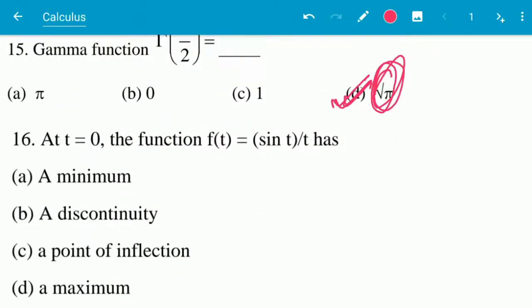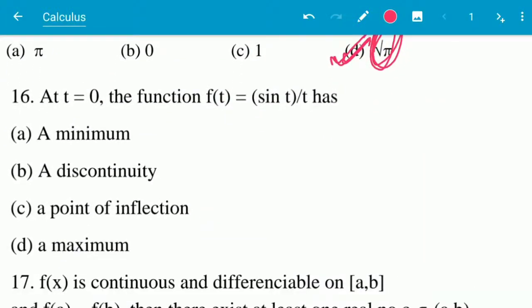Next question, at t is equal to 0, the function f(t) is equal to sin t by t: has a minimum, a discontinuity, a point of inflection, or a maximum.